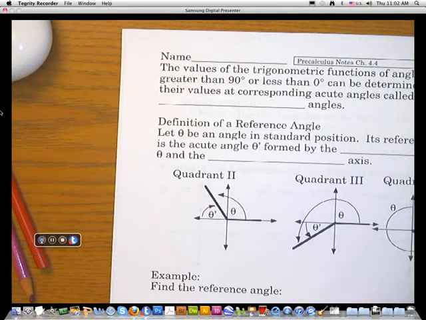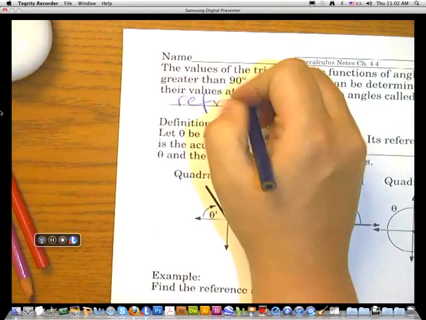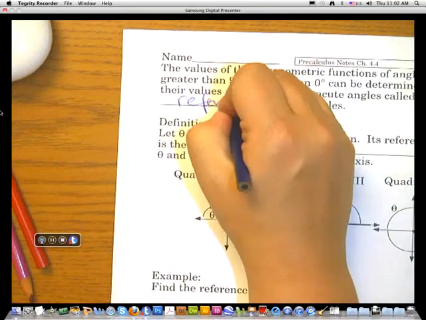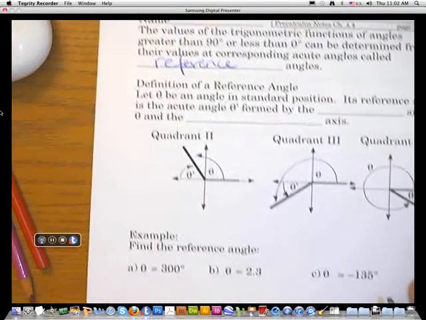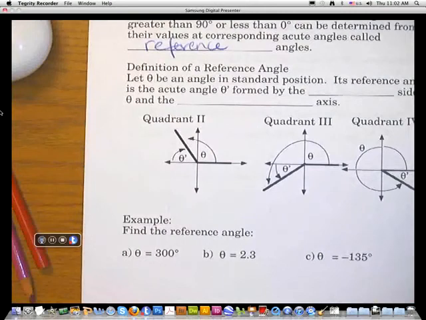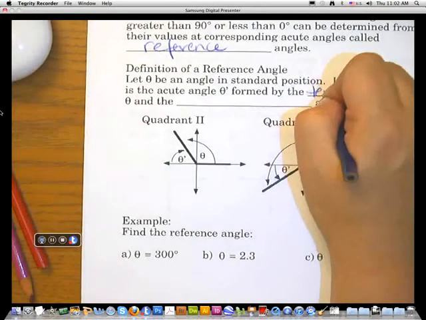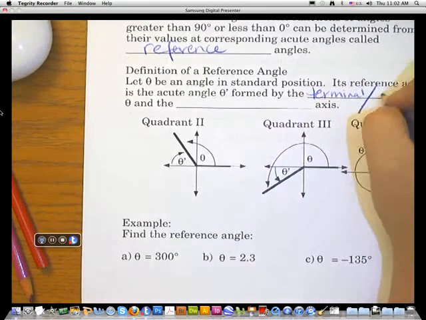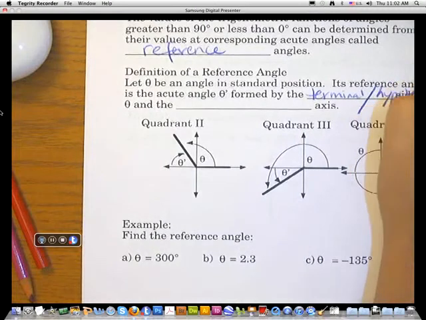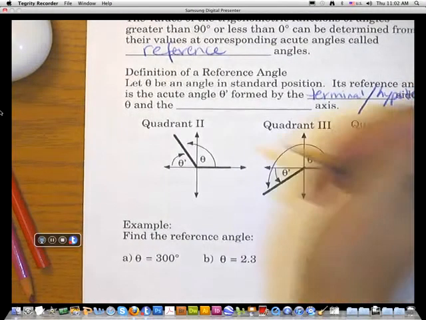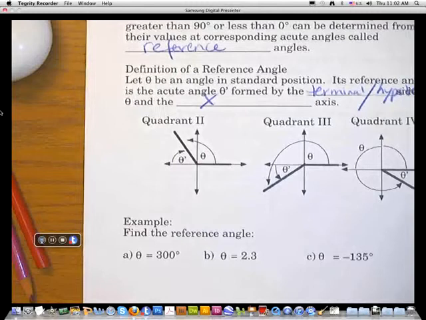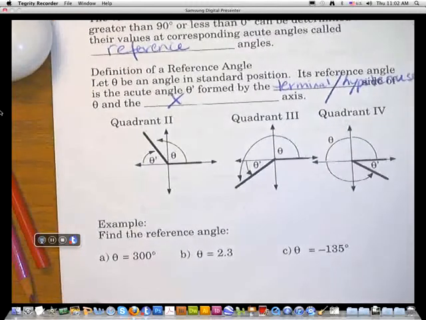Whenever we have our greater than 90, which we already talked about, we moved it into a quadrant. What we're actually creating are called the reference angles. And it's always going to be the terminal side, aka hypotenuse, and the x-axis, of which we already talked about.